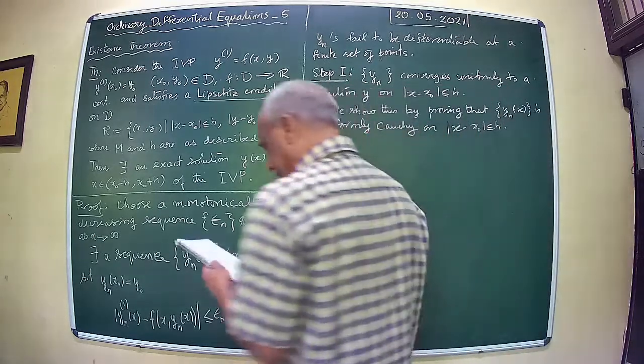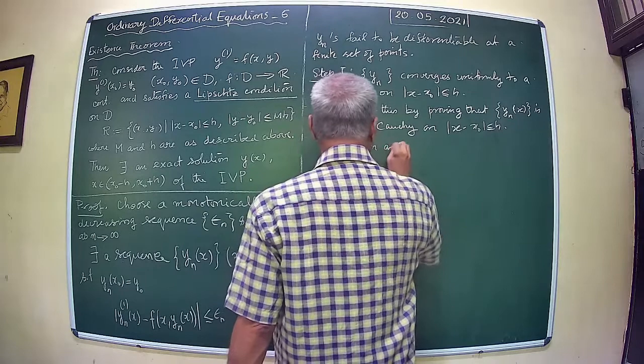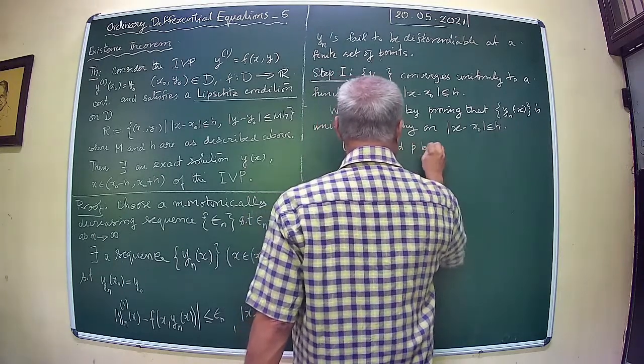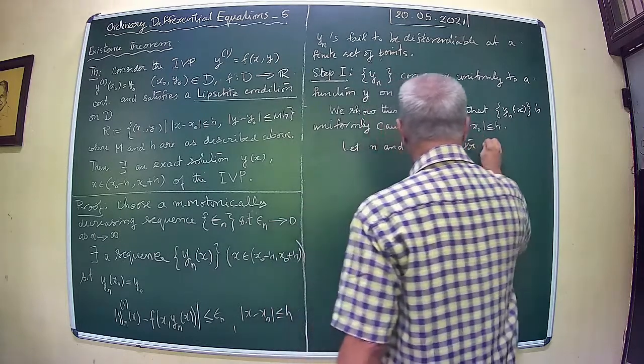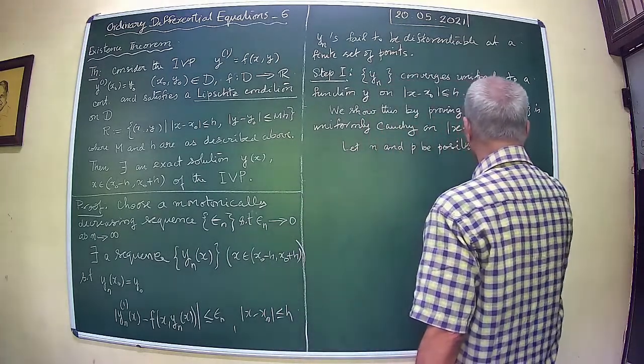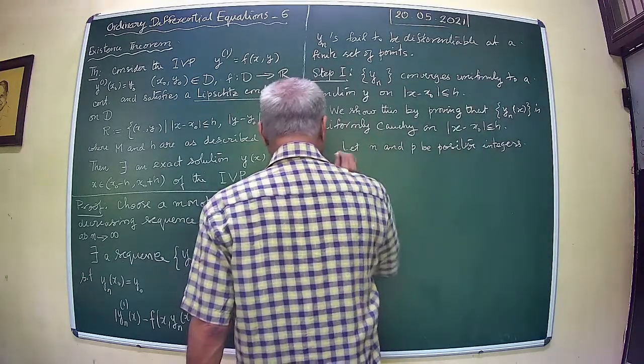So how do we prove that? So we take n and p, then what we can estimate is this.